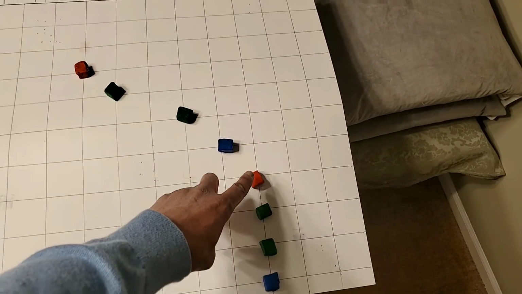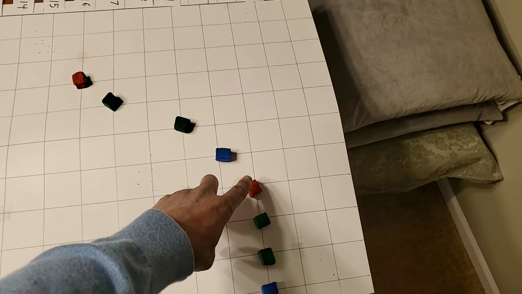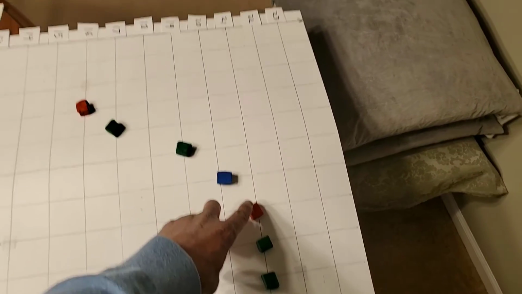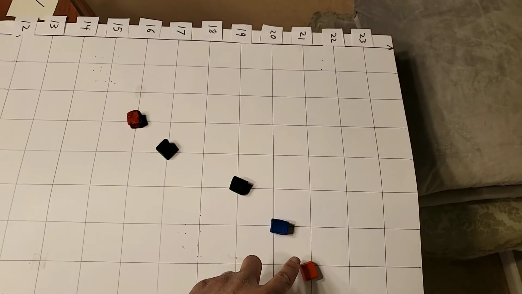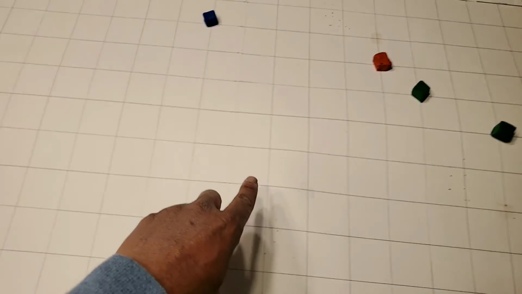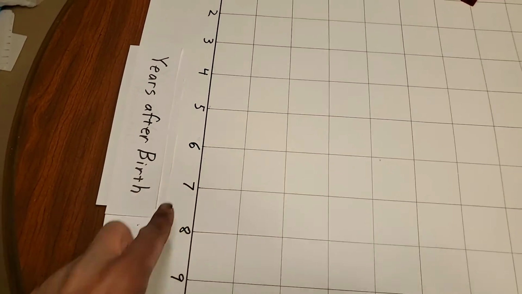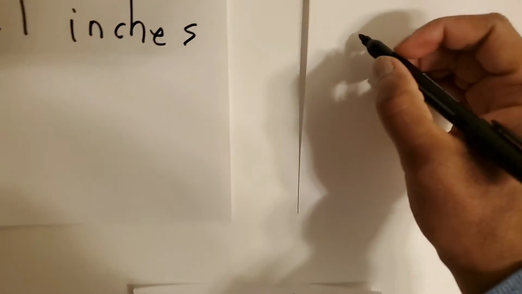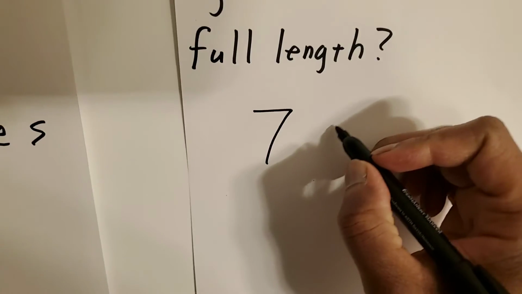So this lets us know this is the beginning. This was the last time it gets taller. It doesn't go up anymore, right? And what year is this? This year begins at year 7. So that lets us know that it stops growing around 7 years. So 7 years is our answer.